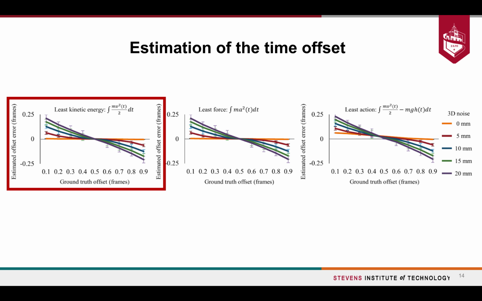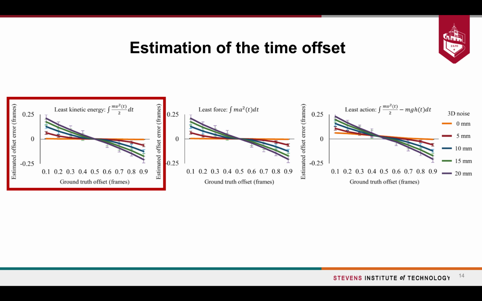Next they do some experiments to show that their motion prior is good for estimating the time offset in cameras. He sets two sequences with different time offsets between 0.1 and 0.9 frames, and uses three kinds of motion priors.